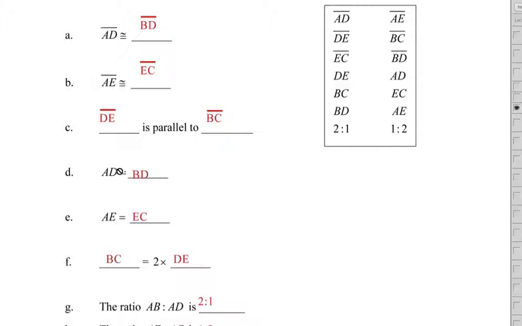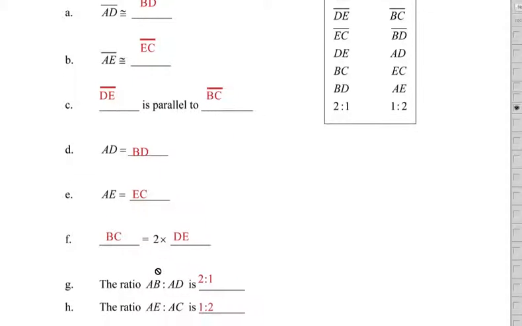Then this just means the same. Okay? It means they're congruent. Same with this. They're congruent. Now, of course, BC is 2 times the DE, right? Twice as long. And of course, the ratio AB, AD will be 2 to 1 right here. That's G. And for H, AE, AC is 1 to 2. It's just the opposite.